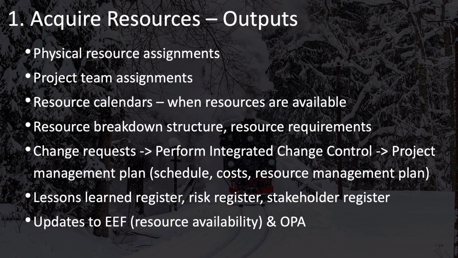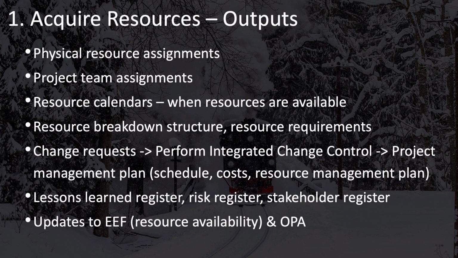If you've needed to change some things, such as your project schedule or costs or even your resource management plan based on the specific resources you were able to find, then you'll need to make changes to these. And if these have been baselined, then you'll need to issue change requests in order to do this and go through the Perform Integrated Change Control process.